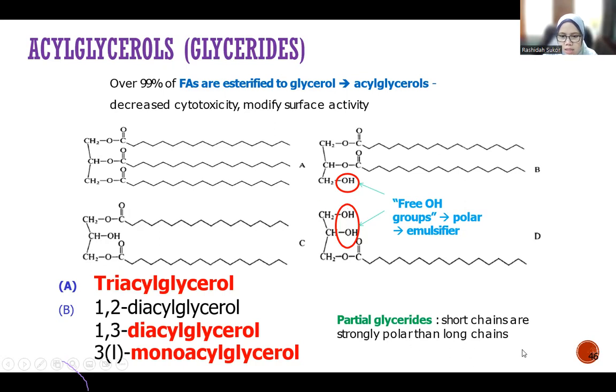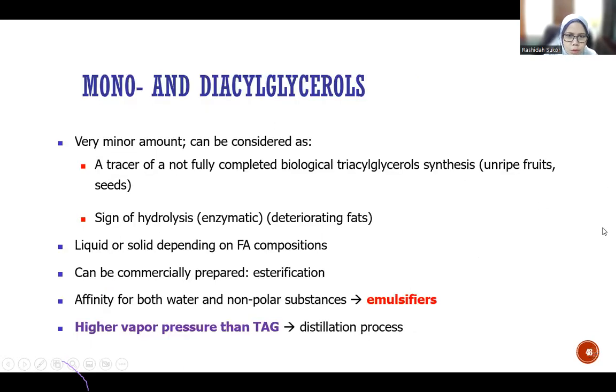This is called partial glycerides, and short chain are more polar than long chain. Mono and diacylglycerol are in very minor amounts. Most of the fats that exist are triacylglycerol or bigger fatty acids.